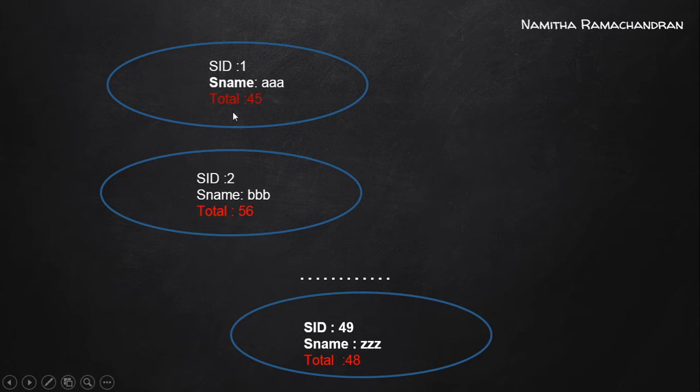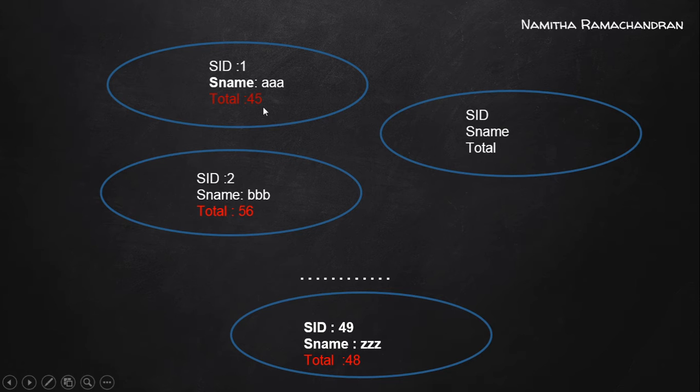For implementing this bubble sort, we need a temporary storage space. That temporary storage space can store the entire details of a student. So the temporary storage is again a structure variable that can store the ID, the name and total mark. While comparing these two, it is clear that the second student has the higher mark. So what to do?